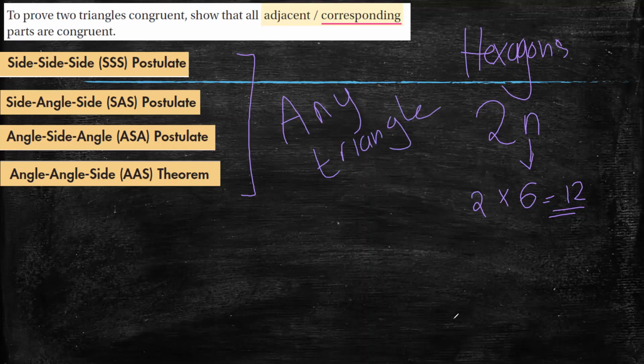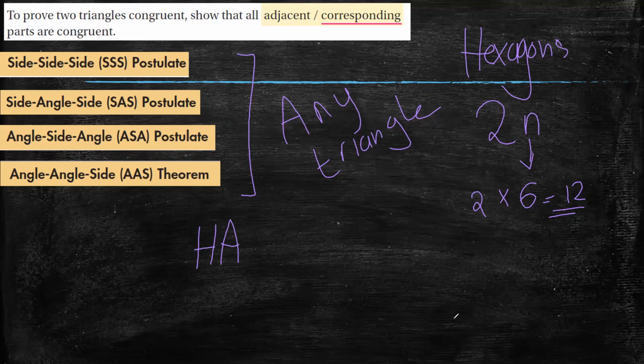The first thing, I cannot use it in square, rectangle, hexagon, pentagon, and so on. It just used rectangles, triangles. And these 4 are used in any triangle. And as you remember, we talked in lesson 6 about hypotenuse leg, HL.